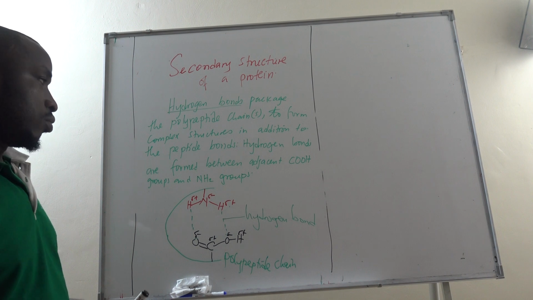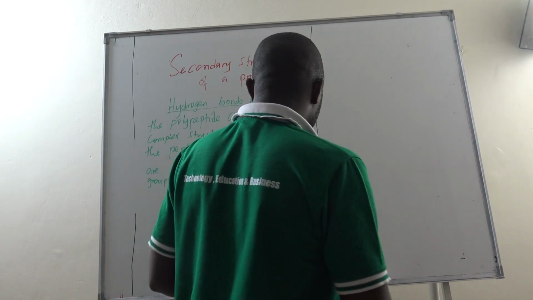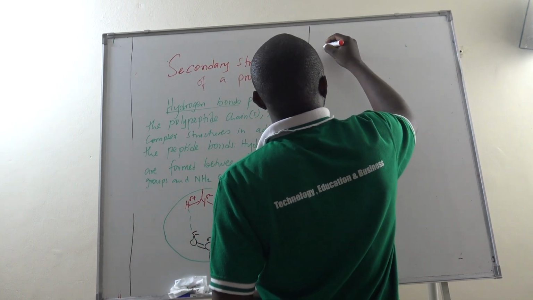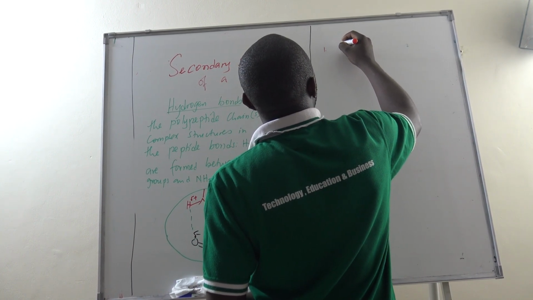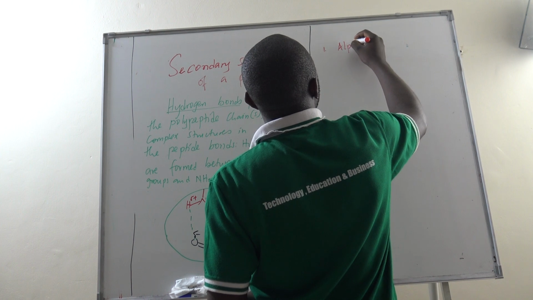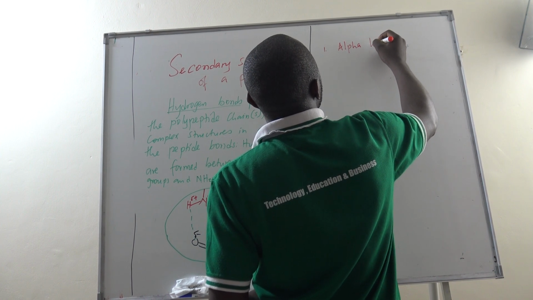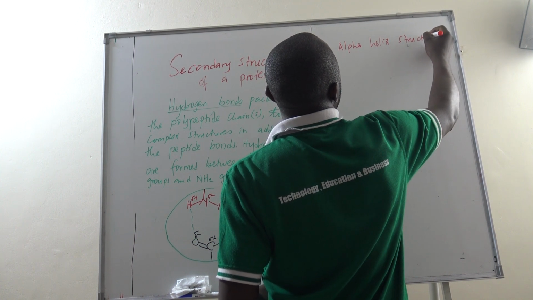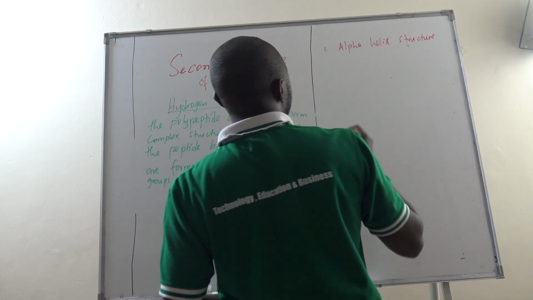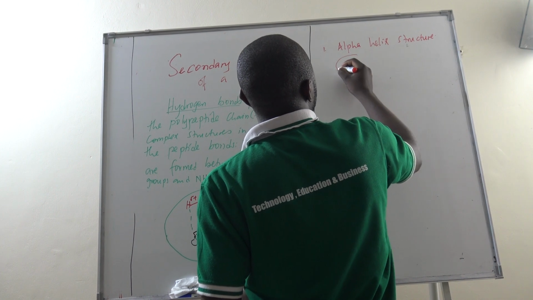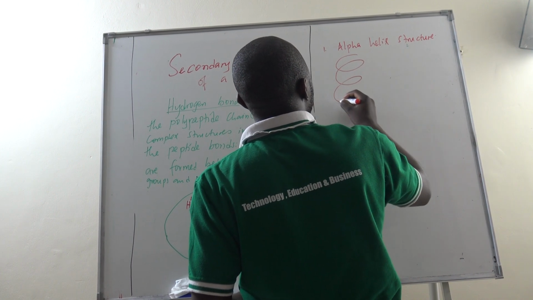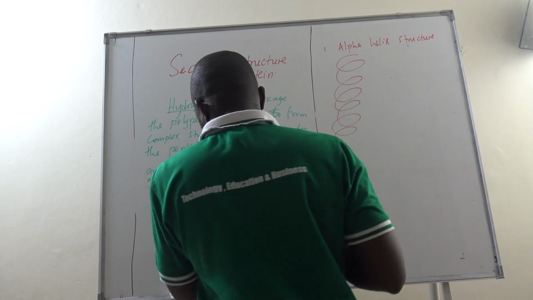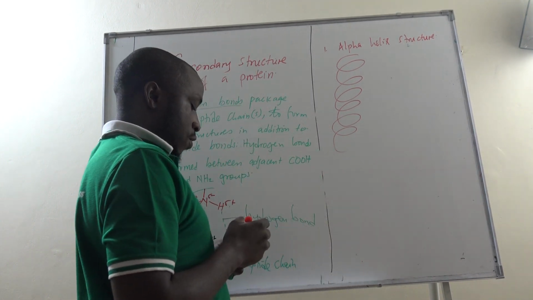So there are two occurring packages in this. We can have the alpha helix structure. In the alpha helix structure, you find when one polypeptide chain has been wound to that level.